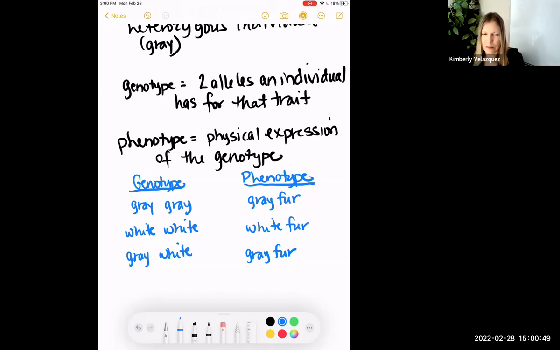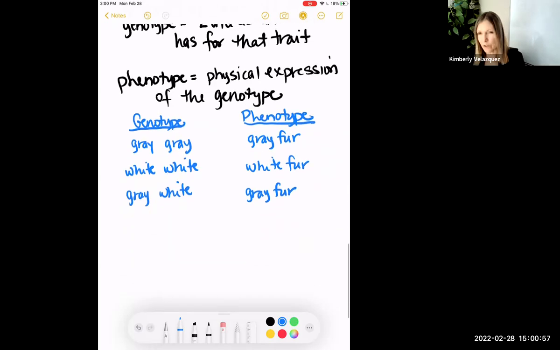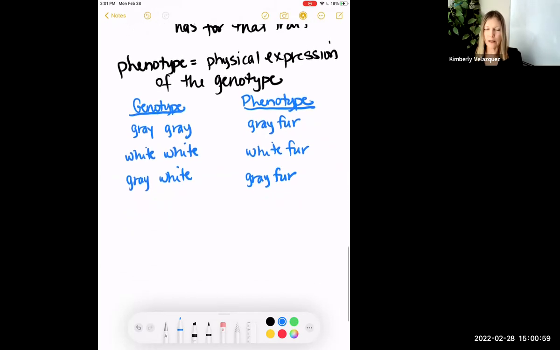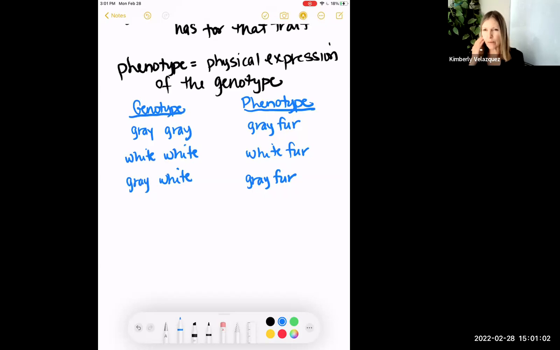And I'm going to show you that in a minute. But in order to do that, we have to represent the genotype with a letter. And that letter is going to be used in our cross. And typically, the dominant allele is represented with a capital letter, and then the recessive is represented by a lowercase of that same exact letter. And I'm going to show you how that works.